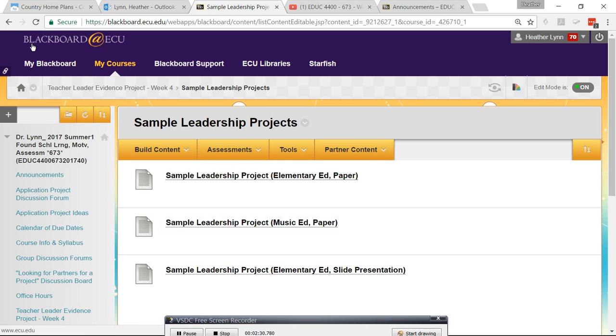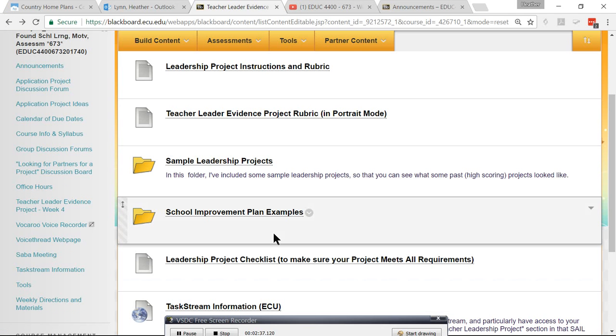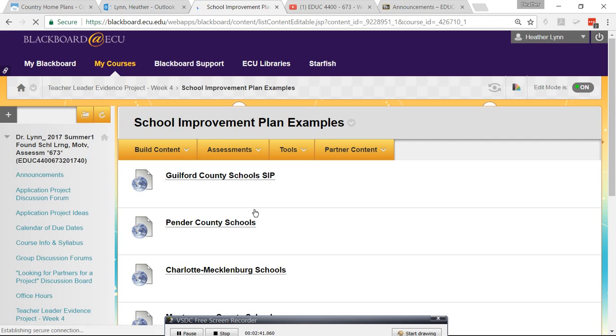Okay, and then there's some school improvement plan examples. Many of you are in a school teaching currently and might have access to your own school improvement plan within that school. Some of you do not have access to a school improvement plan. And if so, I wanted to give you links to different counties around the state that had publicly available school improvement plans.